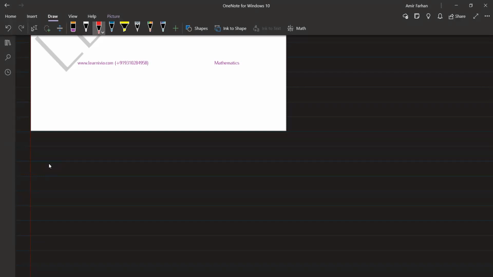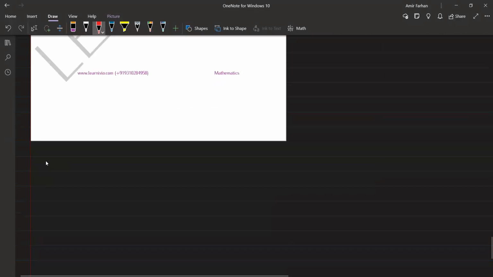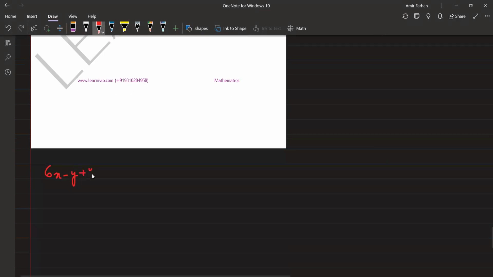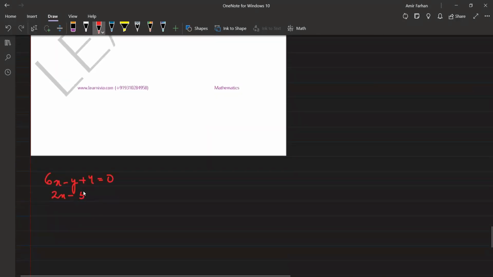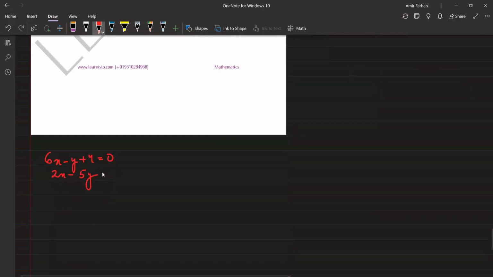Okay, so the question is saying 6x minus y plus 4, and 2x minus 5y minus 8. If we take this here, it would become negative. Yes or no, all of you? Yes, sir. So this is our equation 1 and this is our equation 2.